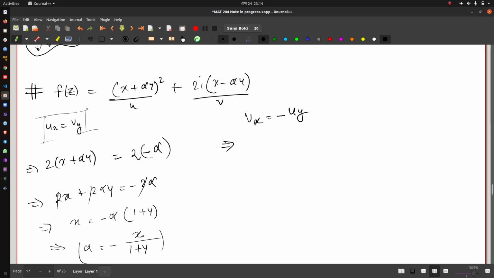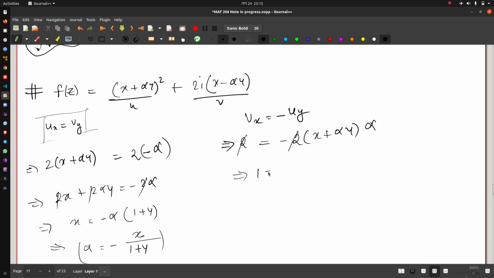So let's do it, and if you take vx, it should be just 2, and minus uy would be 2x plus alpha y, and there would be alpha over here, right? Something like this.